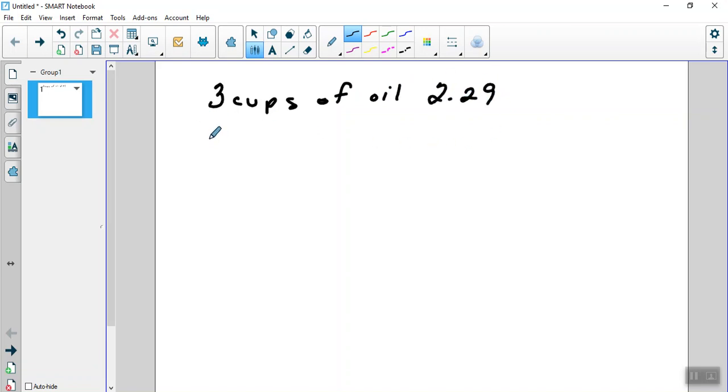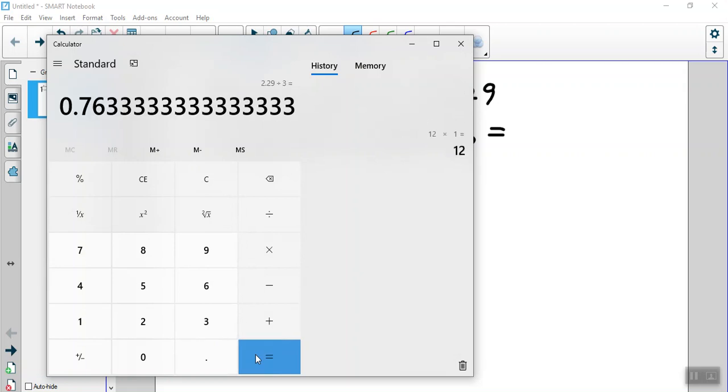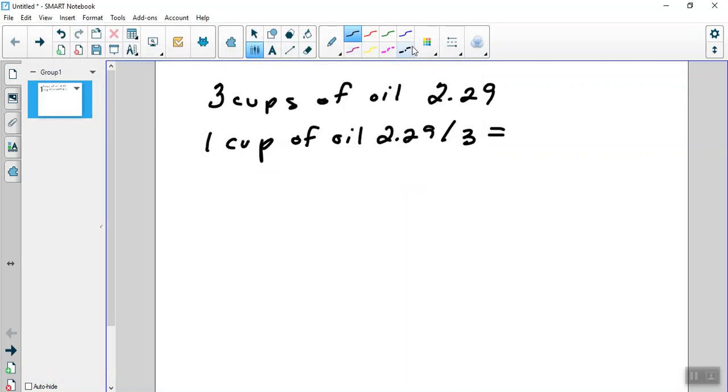So to find 1 cup of oil, I'm just going to divide it by 3. So that would be 2.29 divided by 3. So I get 76 cents for 1 cup of oil.